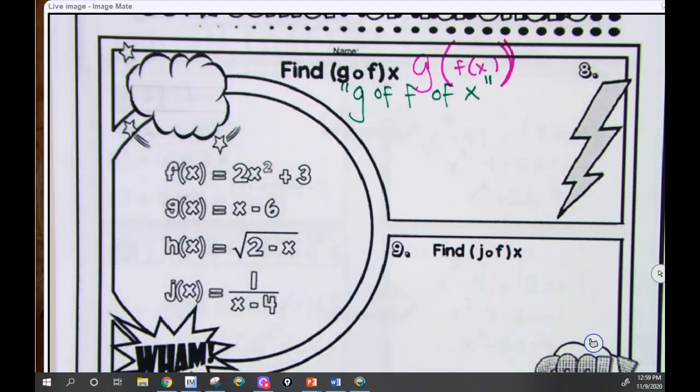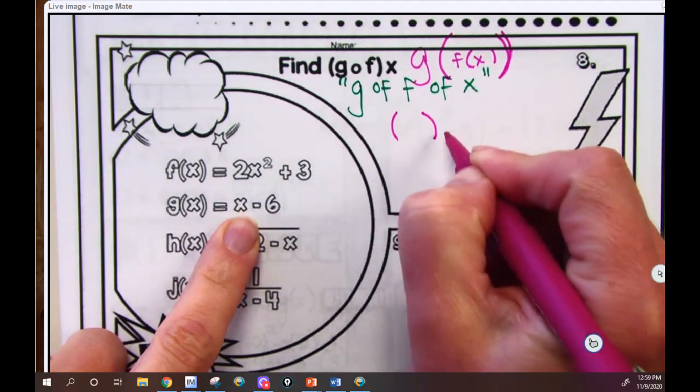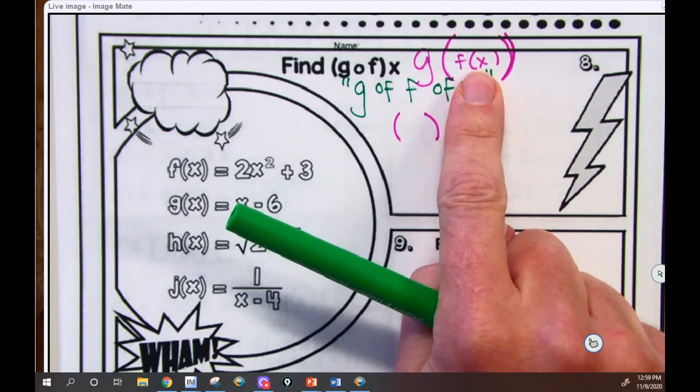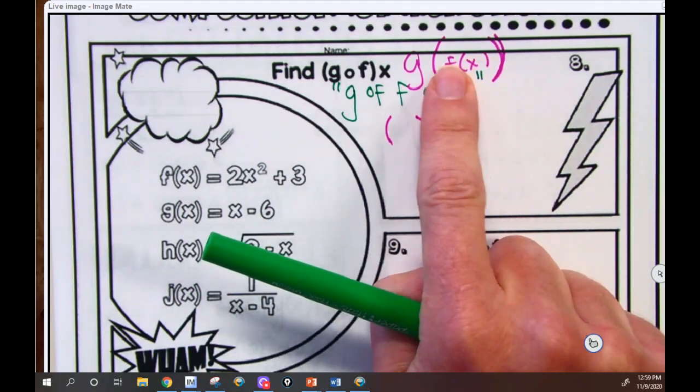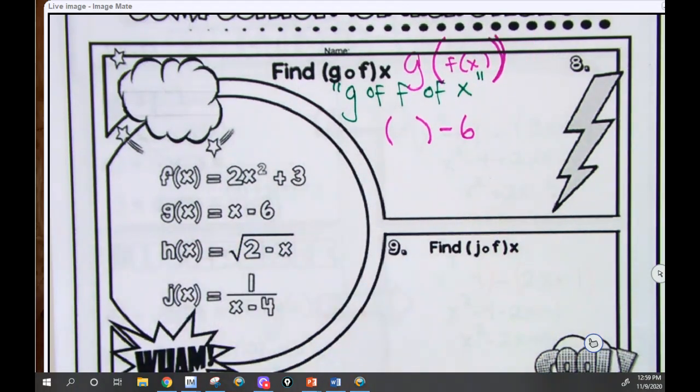So I'm going to take g, and wherever I see that x, I'm just going to put a set of parentheses. And what are we going to substitute into those parentheses? f of x, which is 2x squared plus 3.